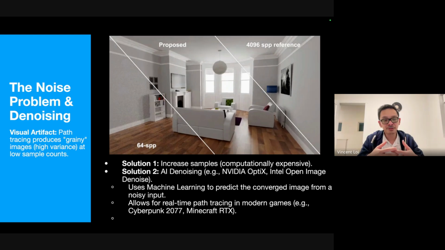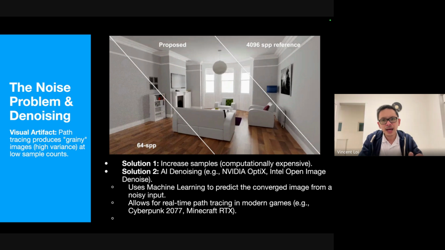Now for the problems in rendering. Most of the problem before was that we had a lot of noise because some of the sampling doesn't give us a very good result, causing a lot of white noise.